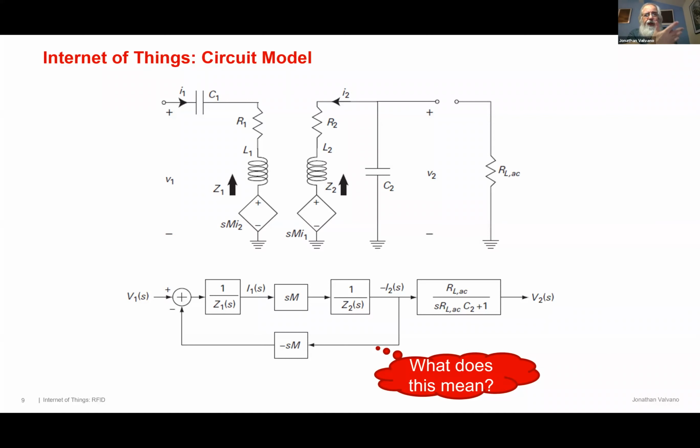And L is the inductance of the coil, from the equation we just did. There's an R and an L on both sides. And C1 and C2 are physical capacitors that we've added to the circuit to make it work.